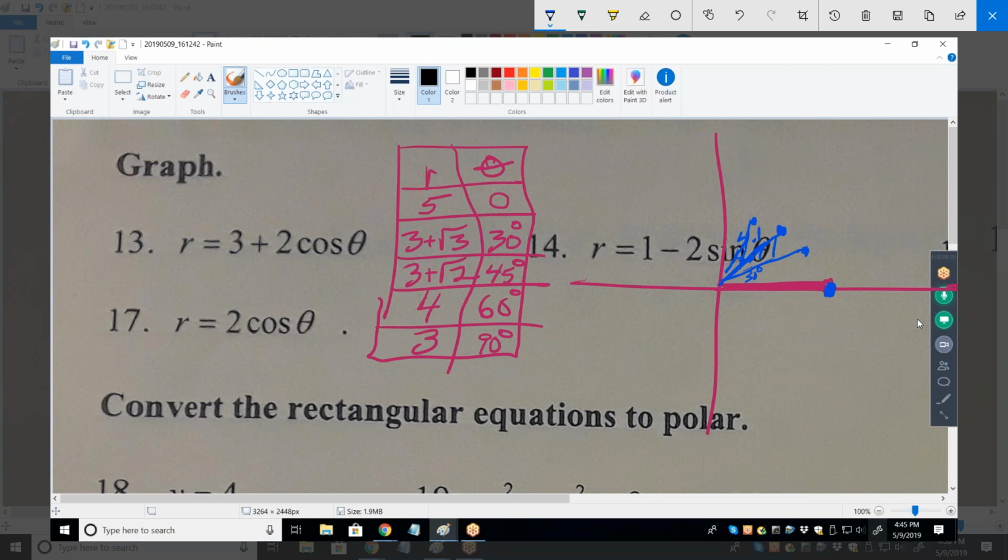So the length of my lines is getting shorter, and by the time I get to 90 degrees, it's only 3. So if I connect those 3 dots, that to me looks like a cardioid. If I were to do this all the way around the unit circle, it's going to look something like this. Just take my word for it. So that is the general format for a cardioid.